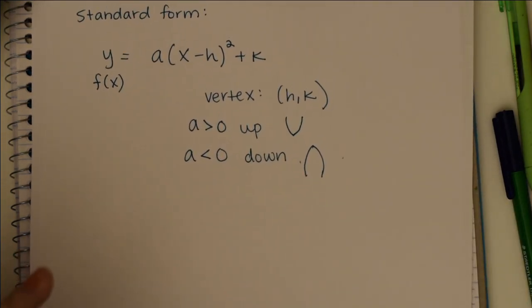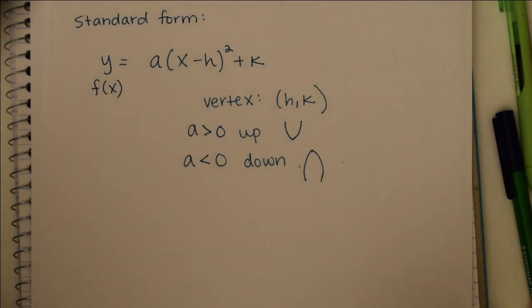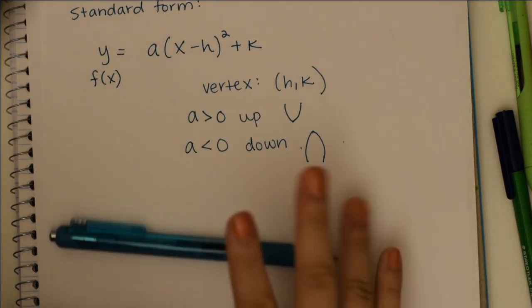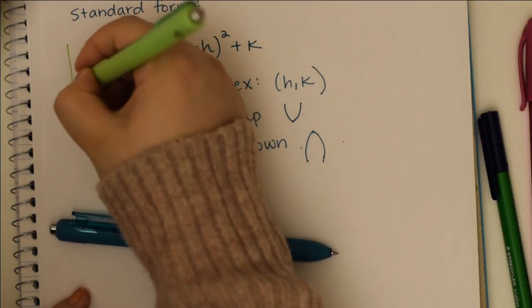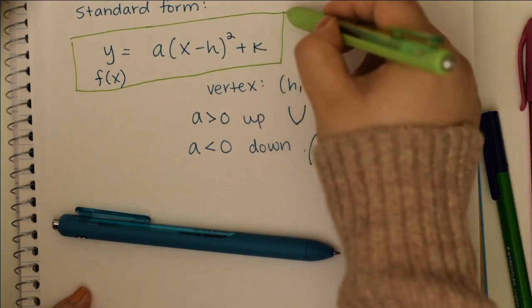So, like I said, we can definitely graph, like we can work with specific examples of this, but if you are studying parabolas, I would be willing to bet that you have seen this form, because this is so important.